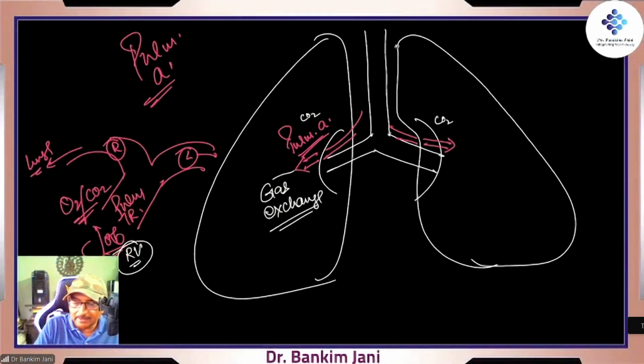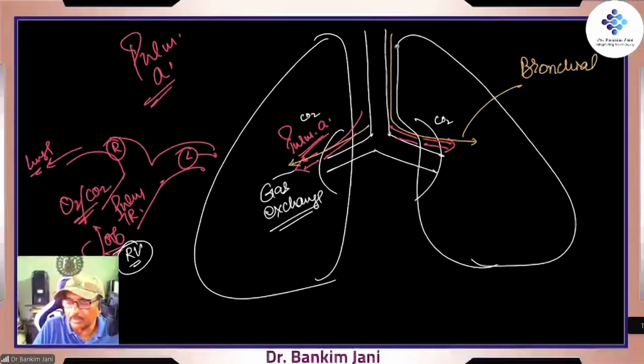For that, there comes the aorta, and the aorta will give a branch which will go inside on both sides. That is called the bronchial artery. And what will this bronchial artery be doing? It will be giving salary to the lungs, that is, oxygen to the lungs.